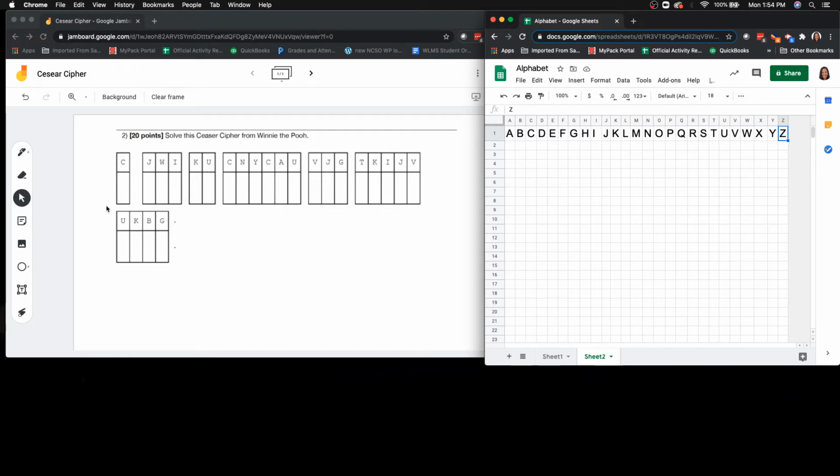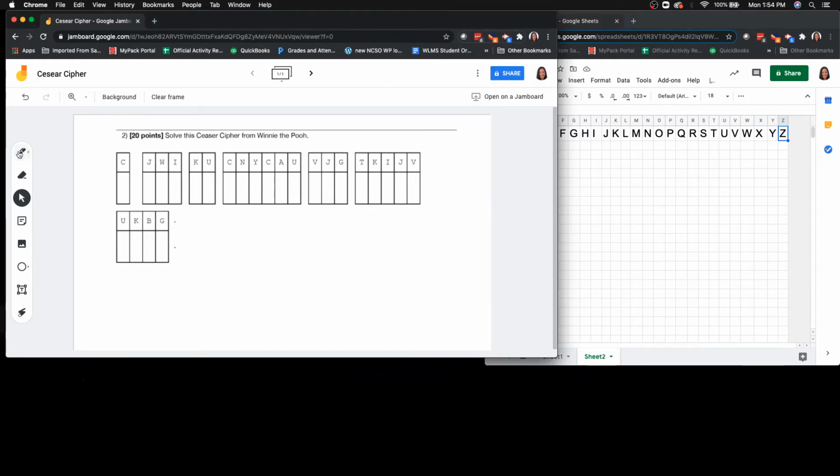And so for Codebusters A, knowing that we can only shift our letters 3 in either direction, and knowing that that letter is probably going to be an A, I'm going to draw an A in there.